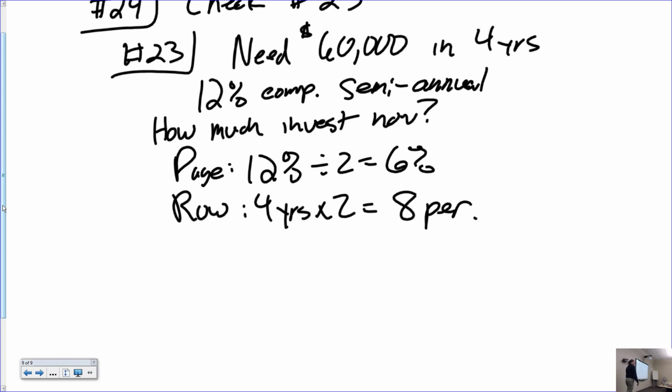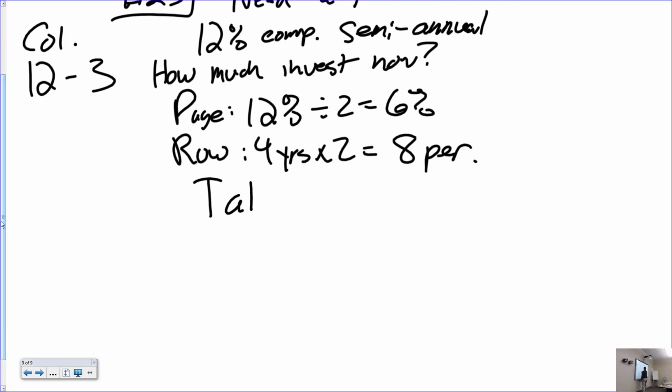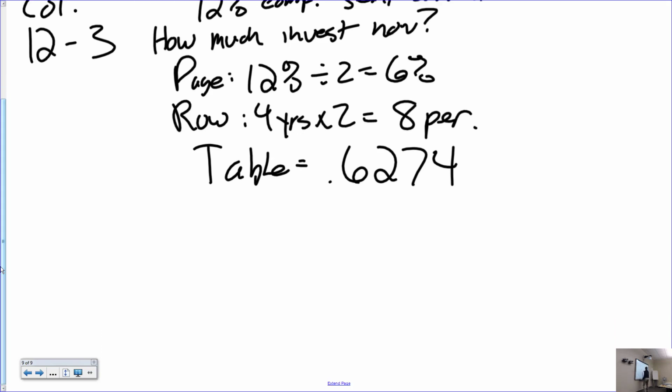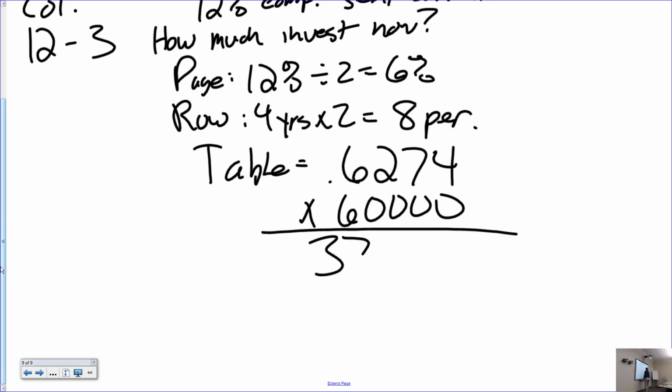What table am I going to look up? 12.3, because we're going backwards, since we need $60,000 in 4 years. So what's my table value? .6274. Multiply by the 60,000. 37,644.